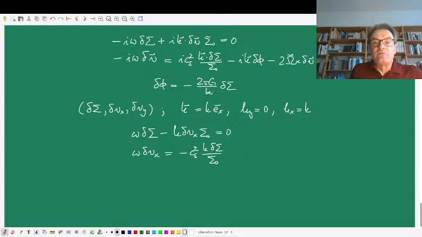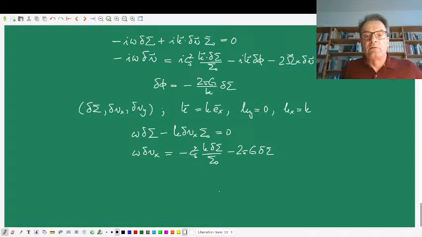That's this term. I have divided by minus i, so that's going to be plus k delta phi. But I know what the delta phi is. I'm taking delta phi from the Poisson equation. So that's going to change into a minus sign, minus k times, but the k is going to cancel. Nice. So that's minus 2 pi G times delta sigma. So that's this term here. And now I need to divide by minus i, so that's going to be plus 2 over i or minus 2i.